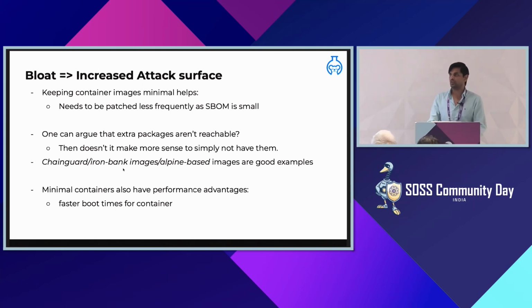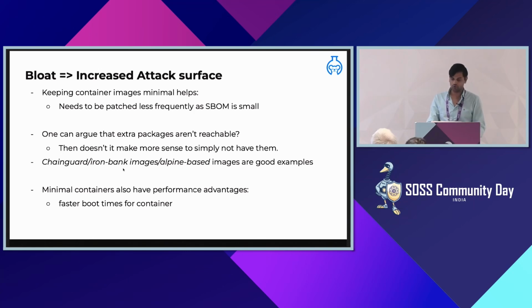Many people argue that many of those packages are not reachable in that container, so they can stay. But that presents an even stronger case to get rid of them. If they are not reachable, they are not going to be used, so just remove them. It will make the whole CVE management process hassle-free.